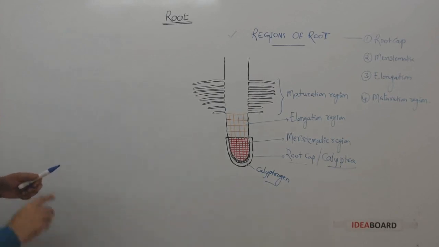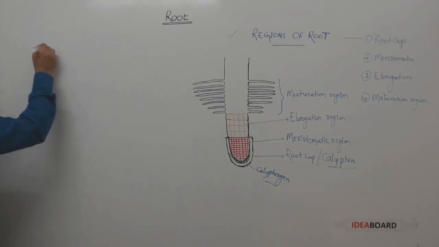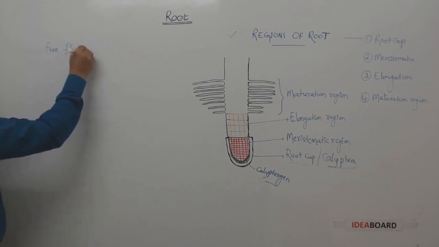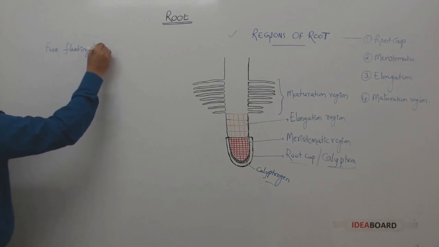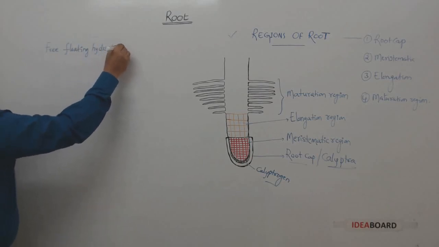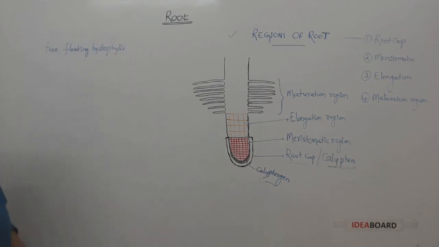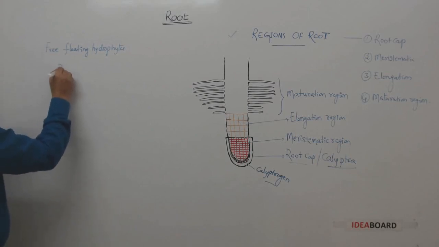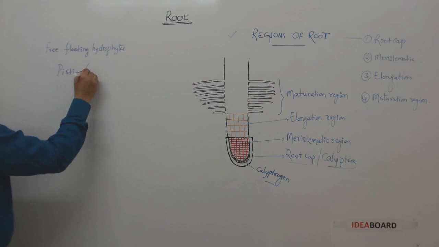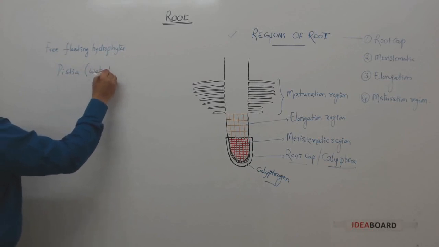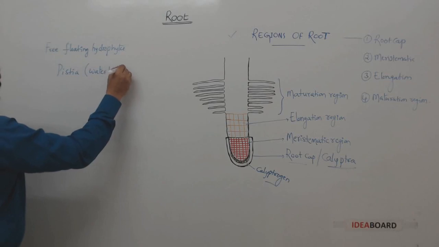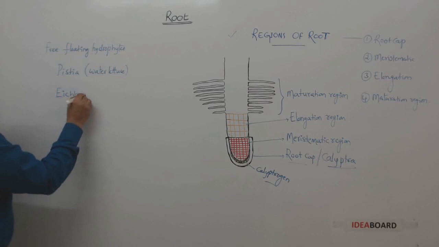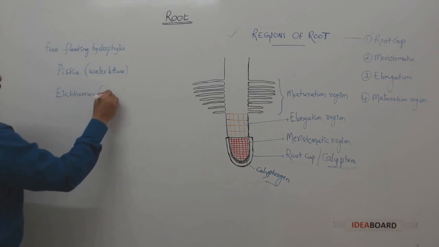In free floating hydrophytes, let us take some common examples like Pistia, which is commonly called water lettuce, and Eichhornia, which is commonly called water hyacinth.